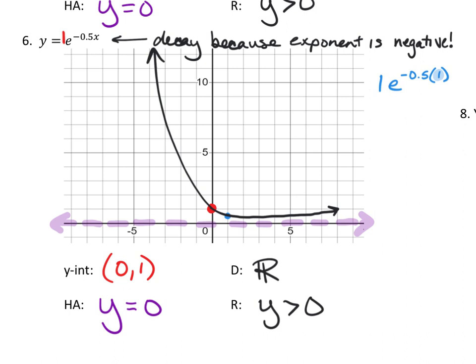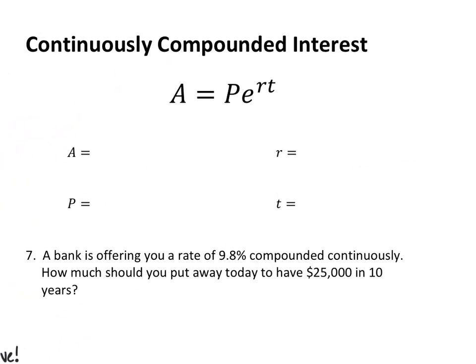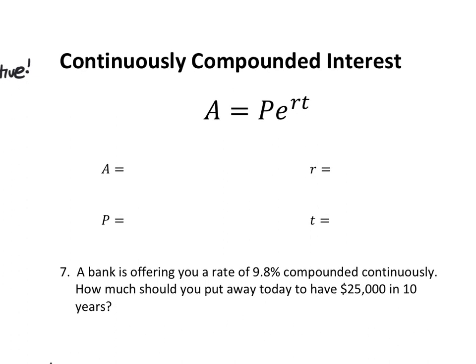Yes? So you might be asking yourself, and if you're not, maybe ask yourself this question. We ended last class learning about compound interest, which was how money grows in banks or interest rates grow on loans or cars depreciate, those sorts of things. There is a connection between compound interest and the letter E. When we are using the letter E in our compound formulas, it's now called continuously compounded interest.